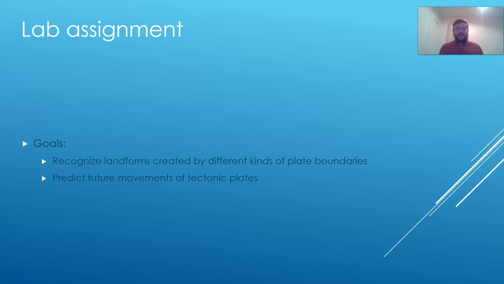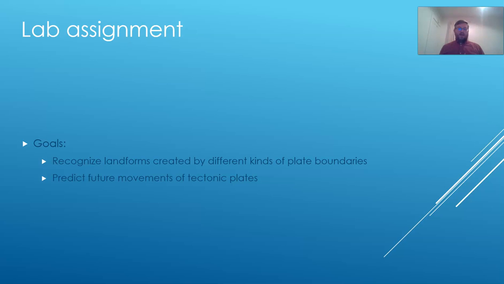So in your lab assignment, the things that you're going to be doing are, first, recognizing the landforms created by these different kinds of plate boundaries. Right? You're going to be looking for things like trenches and island arcs and mid-ocean ridges to help you spot where these different kinds of plate boundaries are occurring.